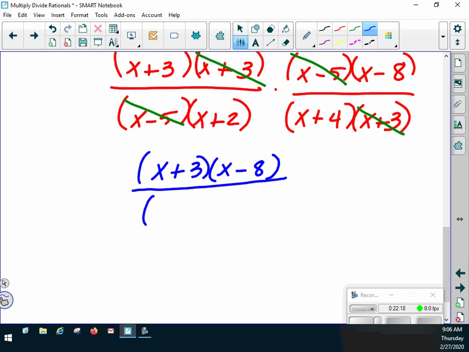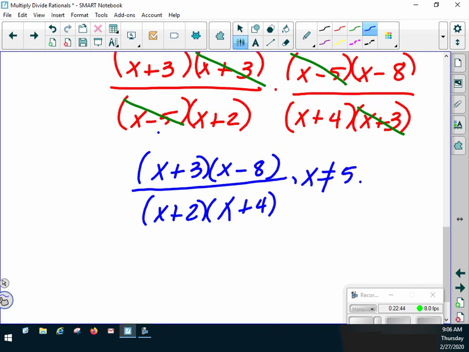Over... what can x not equal? 5. What number do you put in there for x to make that equal 0?